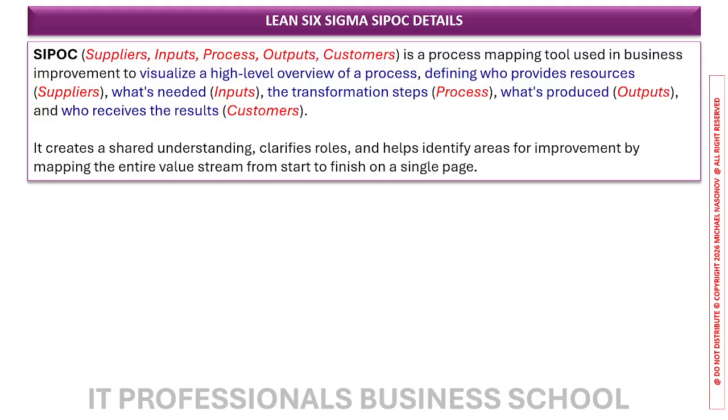SIPOC: suppliers, inputs, process, outputs, customers. Once again, it is a process mapping tool used in business improvement in order to visualize a high-level overview of a process, which defines who provides resources (suppliers), what's needed (inputs), transformation steps (process), what is produced (outputs), and who receives the final results, which are customers.